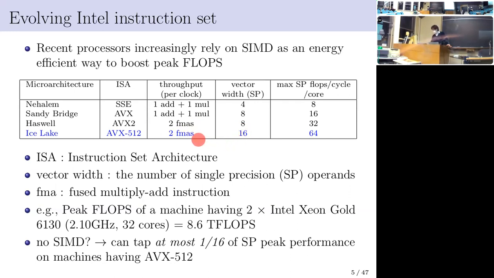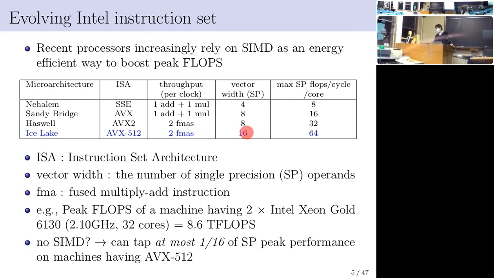So in effect, the maximum number of single precision floating point operations per cycle is 64 in this generation, because a single FMA instruction executes 16 FMAs, which is 32 flops, counting addition and multiplication each as one.